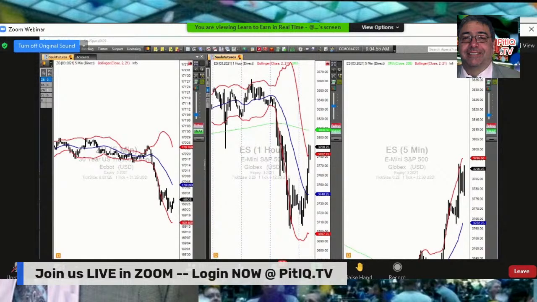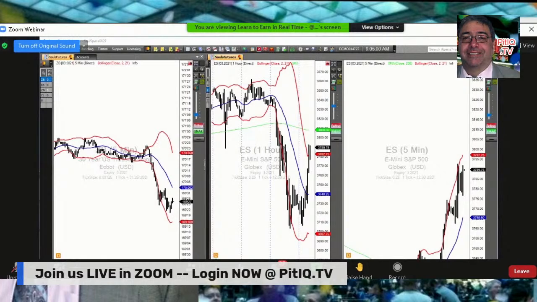Again, probably the number was released a little early. I can't imagine any other reason we're having this kind of volatility. Goofy little area here.